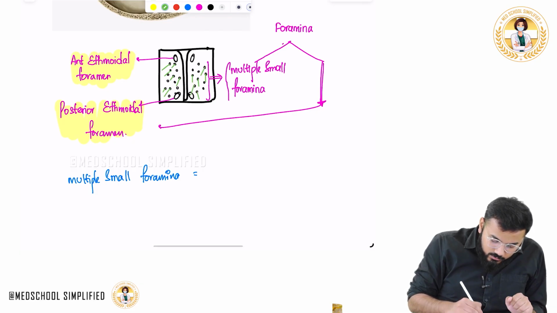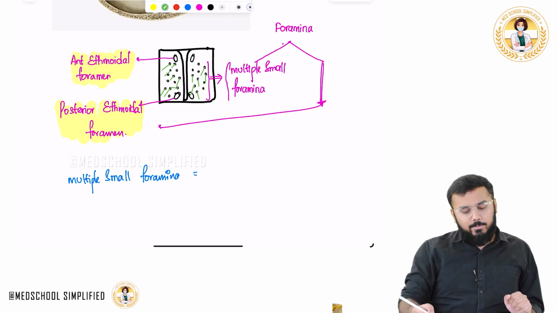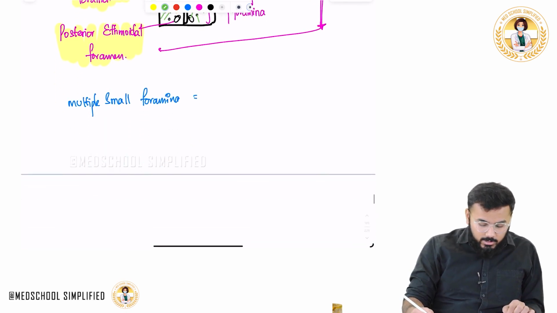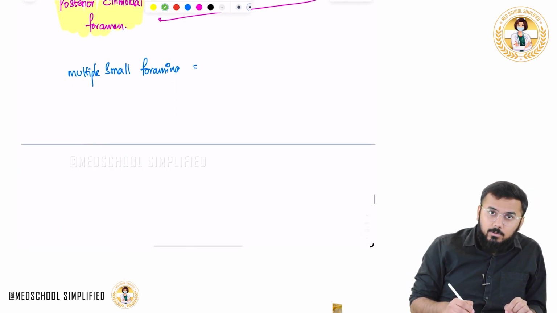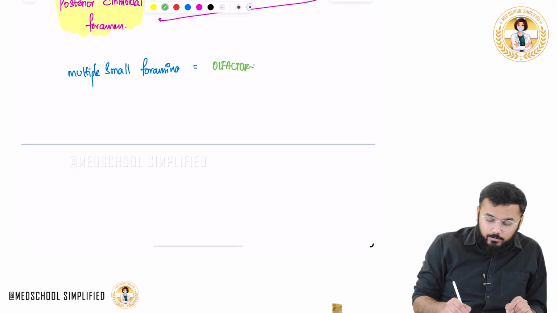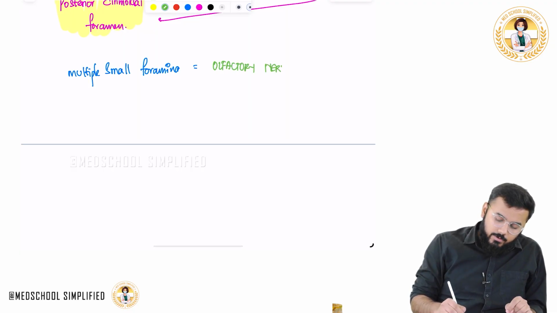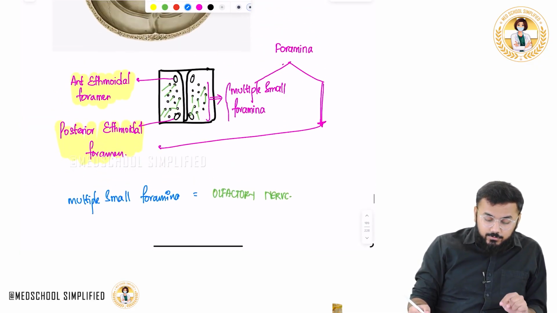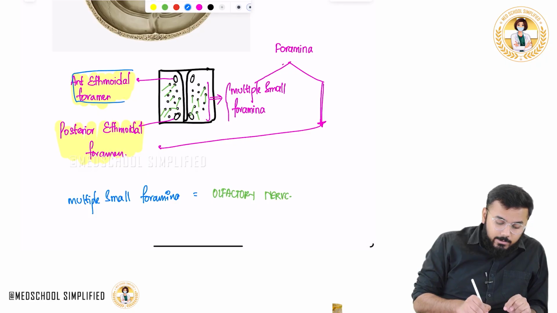These structures coming out of these small foramina are nothing but the olfactory nerve. So the structures coming out of the multiple small foramina are your olfactory nerve.